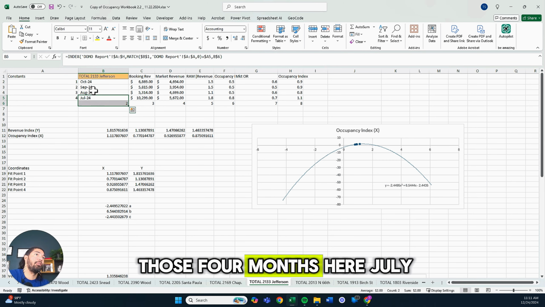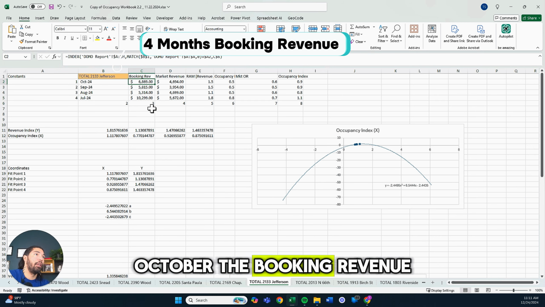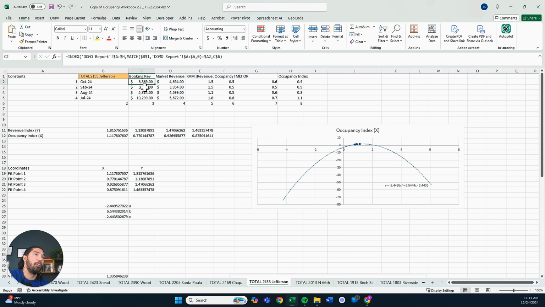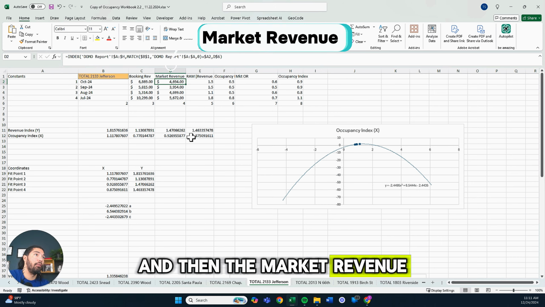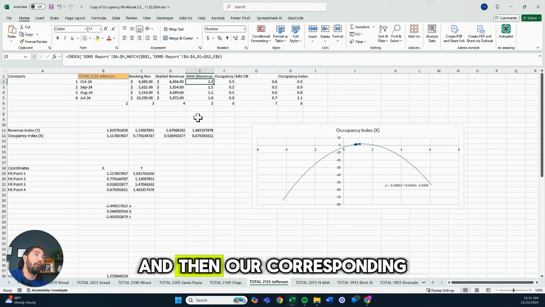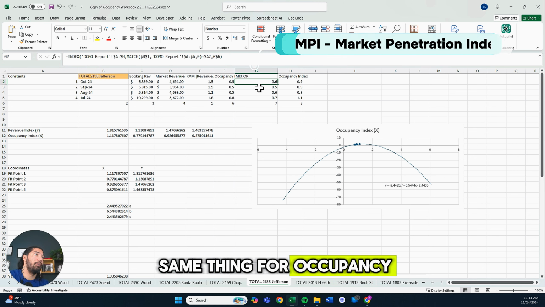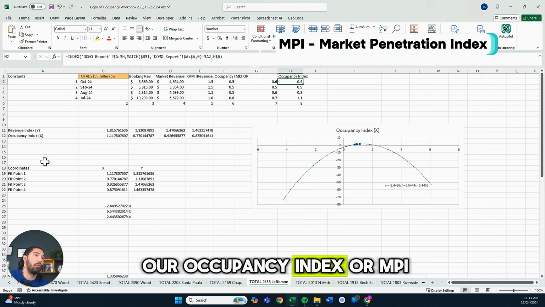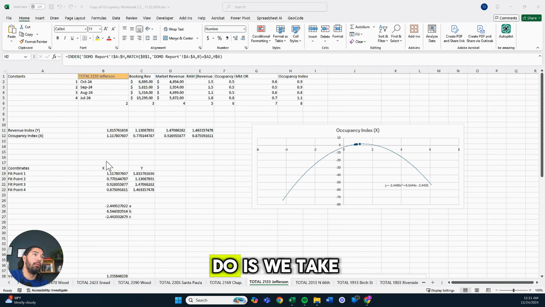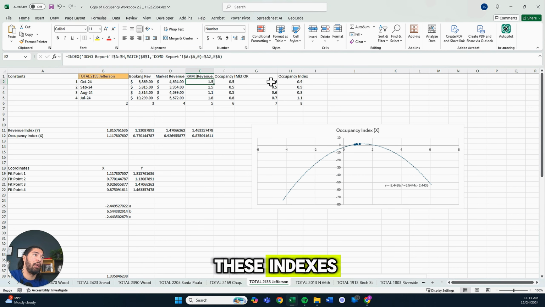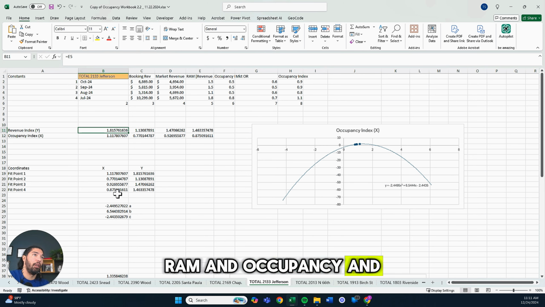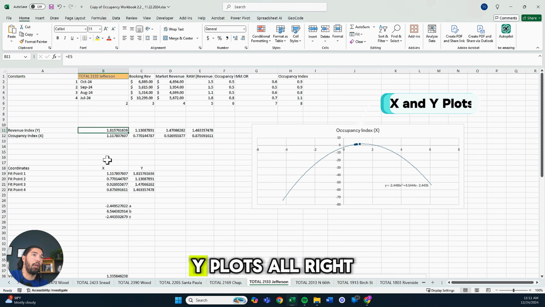And so we have those 4 months here: July, August, September, October, the booking revenue that this property did for each particular month, and then the market revenue, and then our corresponding RAM, all right, revenue against the market. Same thing for occupancy, market occupancy, and our occupancy index, or MPI. So now what we do is we take these indexes, RAM and occupancy, and we're gonna put them into XY plots, all right?